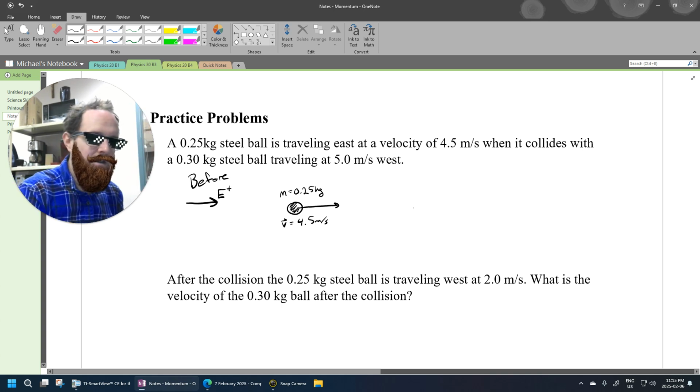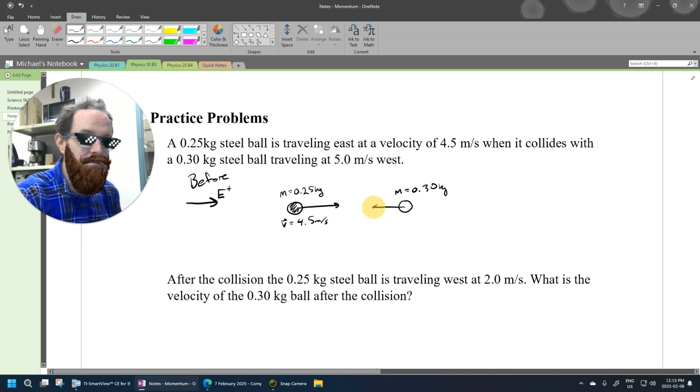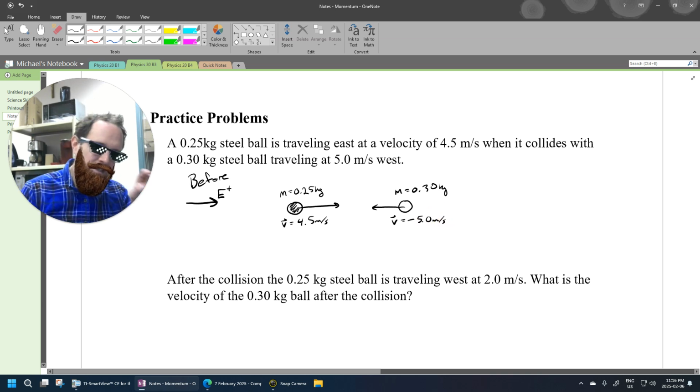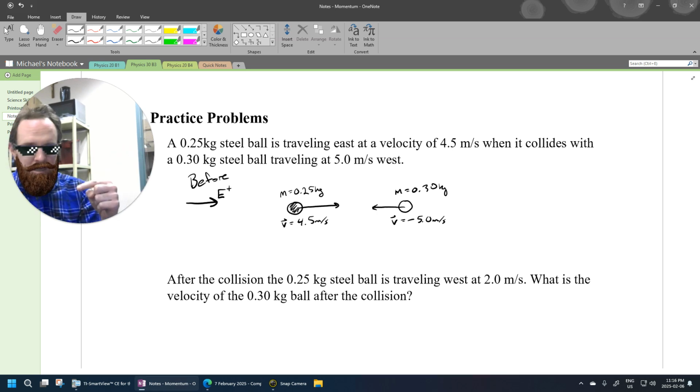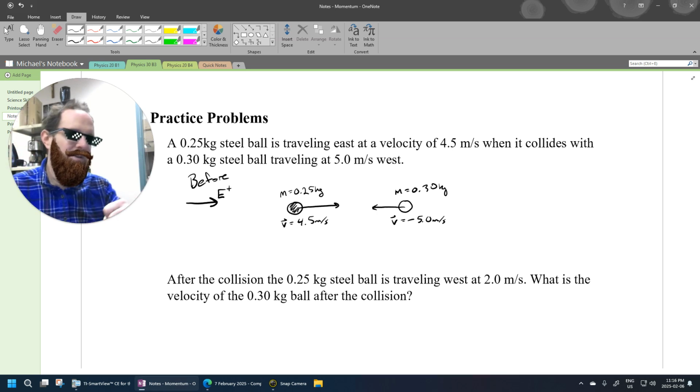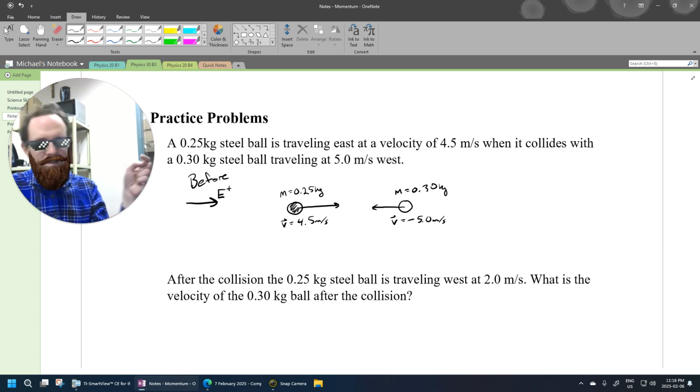Now, the other ball that has a mass of 0.30 kilograms is traveling west. So its velocity is a negative 5.0 meters per second. I didn't really have to draw the negative there because I drew the arrow. The arrow is the direction. But I want to put the negative in there because I'm going to use it for the math parts, and I just don't want to forget. I made east positive, so this number's negative.